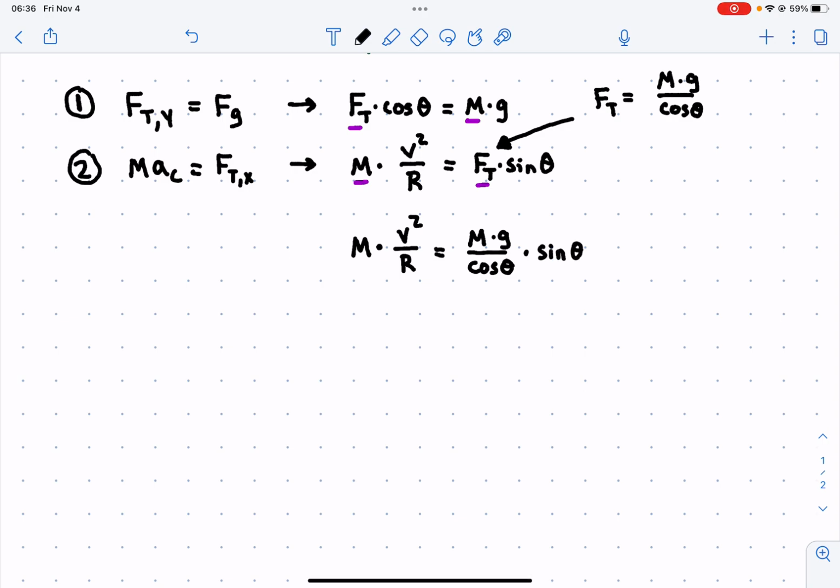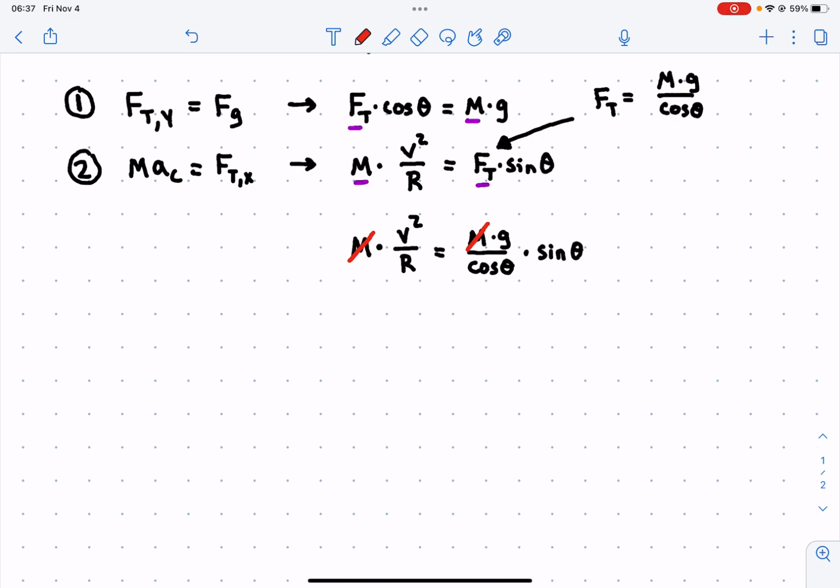And you know what? In all honesty, something magical just happened. I don't know if you guys noticed that. Actually, two magical things happened. First, mass is on both sides of the party. So you can go ahead and divide both sides by mass, and mass is irrelevant.